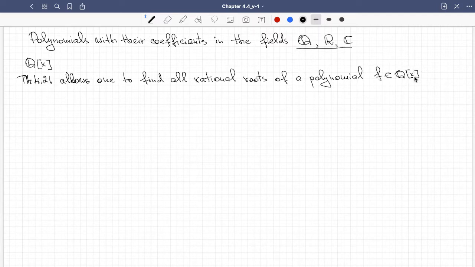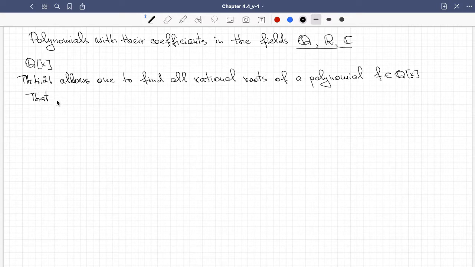However, if a polynomial has no roots, it may be still reducible. So this theorem does not allow, in general, for finding whether a polynomial is irreducible or reducible.